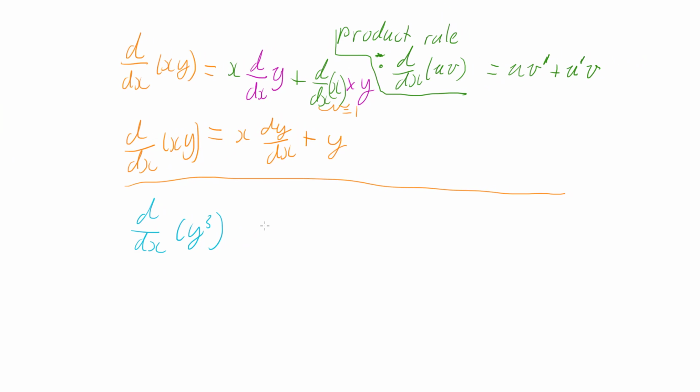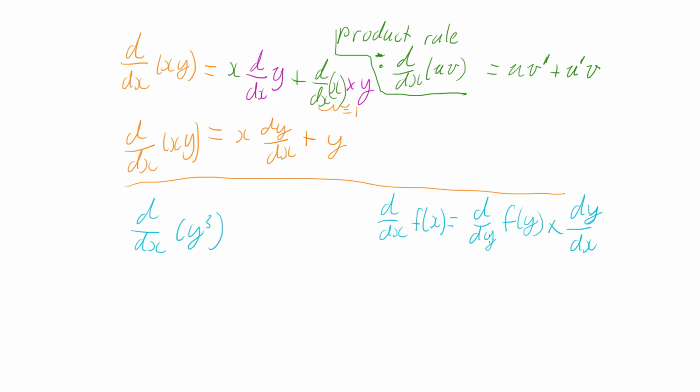And we're going to write the chain rule slightly differently. d/dx of some function of y is d/dy of that function of y, times dy/dx.